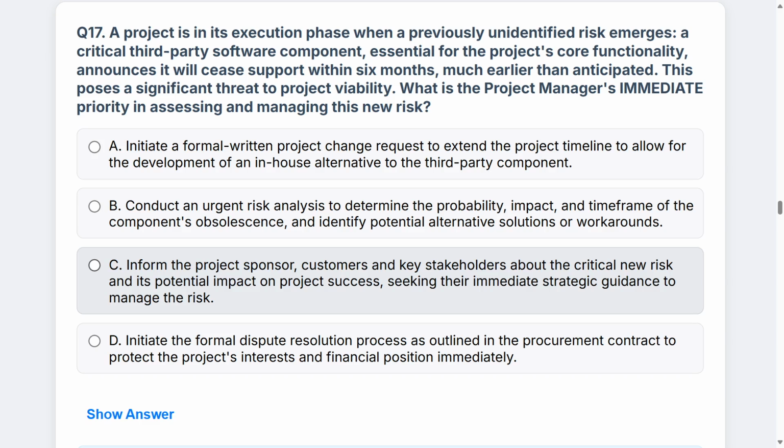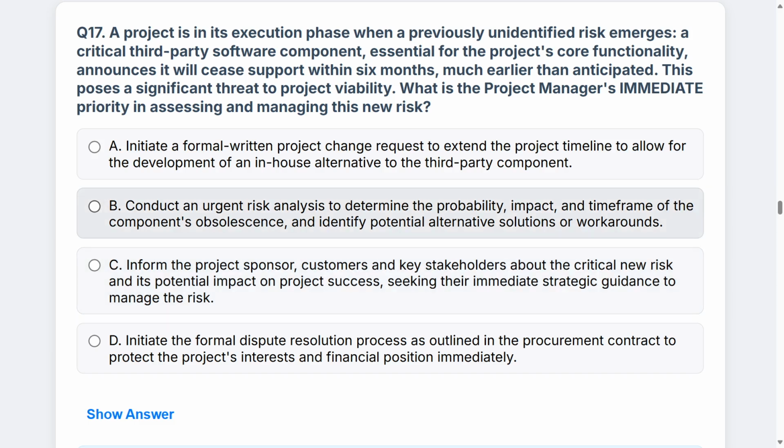Now, while this sounds considerate, this is a mother-may-I situation where you are not really doing your job, you're looking to other people to do your job, right? Because it said seek their immediate strategic guidance to manage the risk. Now, while it's not a bad idea to bring them in, it's premature because all you've done is identified the risk, but you have to, as the question is asking, assess and manage the new risk. So I wouldn't choose option C.